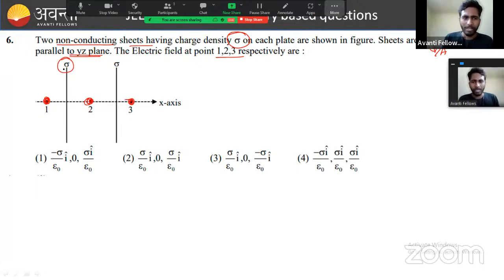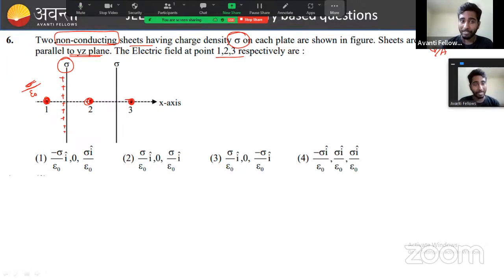Suppose this is sigma, meaning positive electric charges are there. Due to this charge density, we know that at this point the electric field intensity comes out to be sigma by epsilon naught for a non-conducting plate, as already derived in classes, I guess.